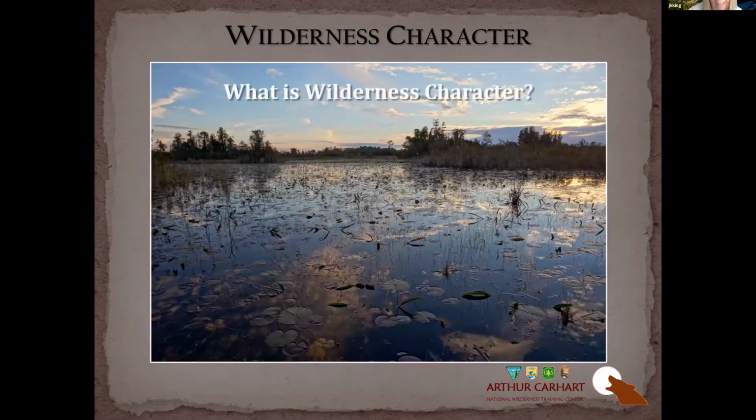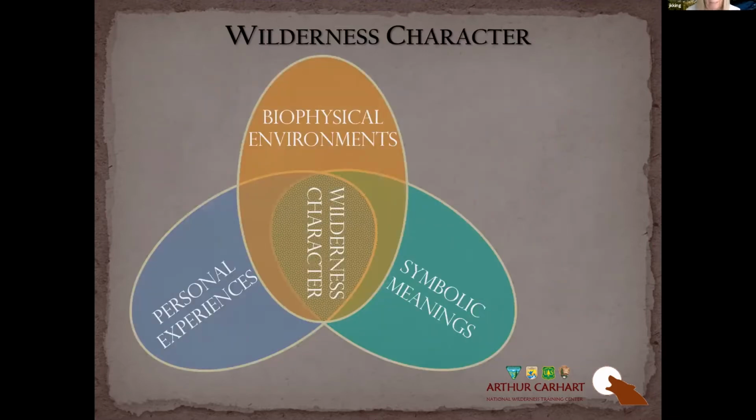So what is it? It's very difficult sometimes to explain, but it has biophysical environment, which is all the physical pieces. But it also relates to personal experience and to symbolic meanings, and somewhere in the nexus of those 3 things, we see wilderness character.